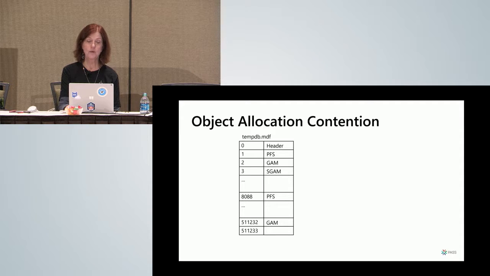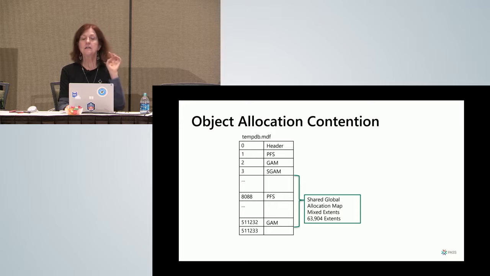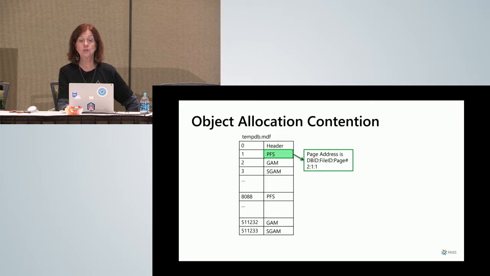GAMs and SGAMs always go in pairs. They help SQL Server keep track of special kinds of allocation we won't be talking about, but those also exist every 63,904 pages. They keep track of what extents have been allocated to a file or what have been used.